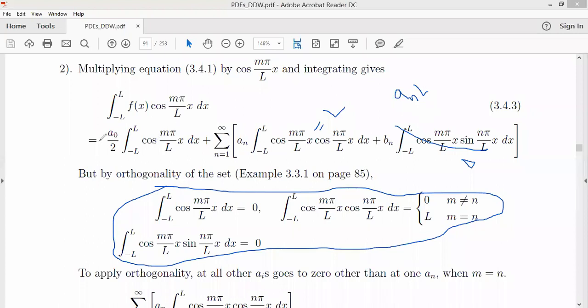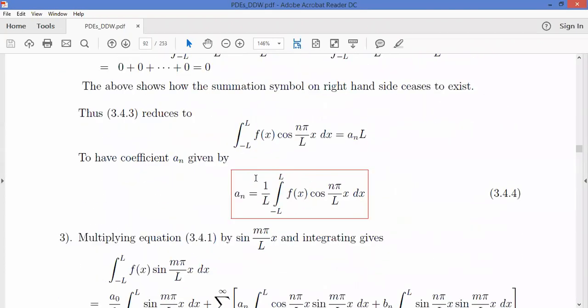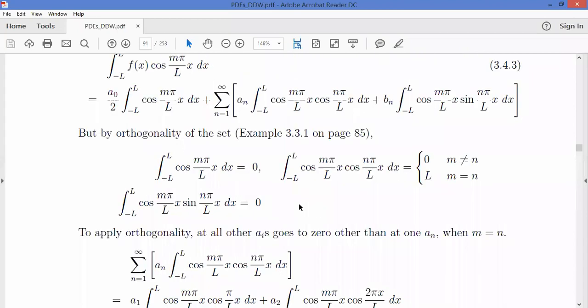Because the L will have to cross to the other side, that's when you'll end up with this statement here: 1 over L, then the integral, which when you simplify comes to this one here.